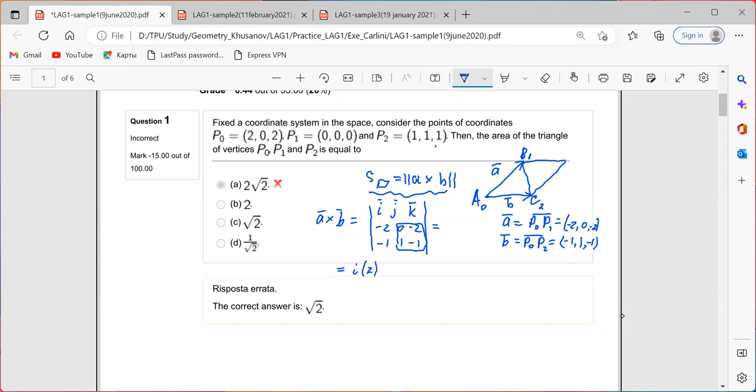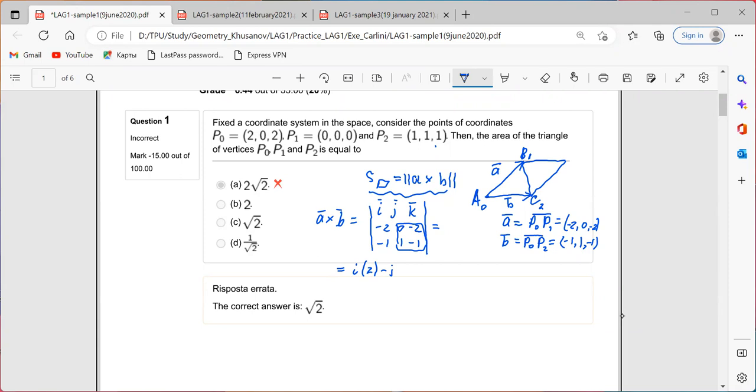Then we can consider plus minus j, because when we compute this determinant, we have to consider expansion according to the first row, and the elements of the first row will be included in this determinant with alternating signs: i with positive, j with minus, and k with plus again.